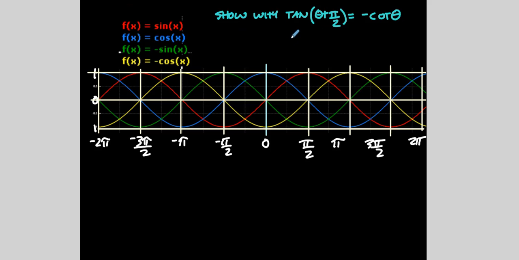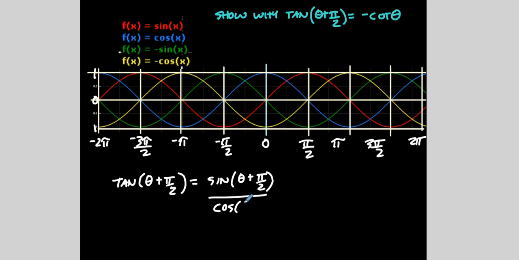Okay, this is our last one here. Show why tangent of theta plus pi over 2 is negative cotangent theta. So I'm going to rely on the fact that tangent is sine over cosine. So tangent of theta plus pi over 2 equals sine of theta plus pi over 2 over cosine of theta plus pi over 2.